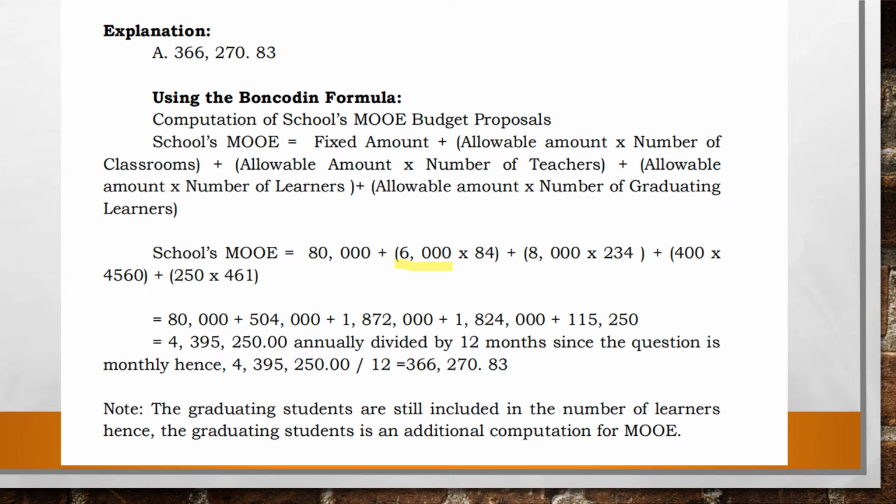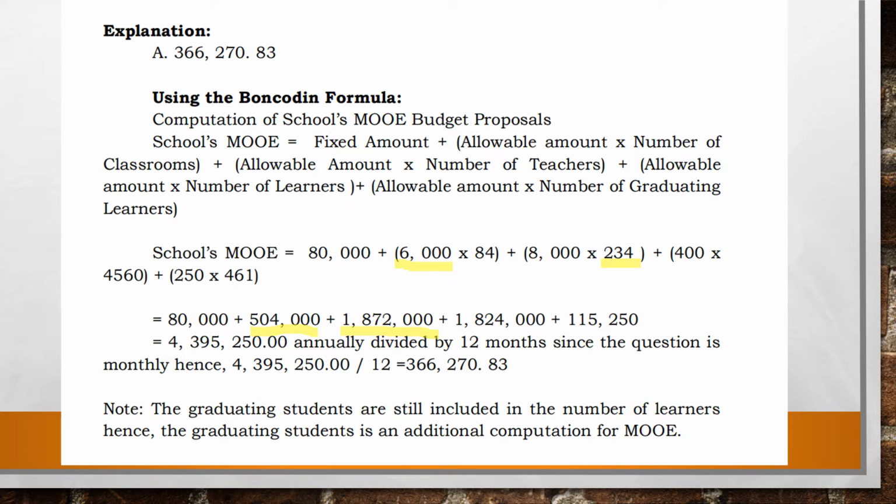So technically, we have 84 classrooms. So 6,000 times 84 classrooms, that is 504,000. Okay? And then 8,000 pesos per high school teacher. Since we have 234 teachers in Malita National High School, so 8,000 times 234, that is 1,872,000.